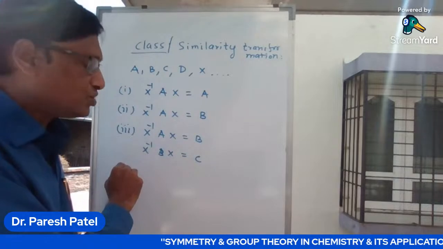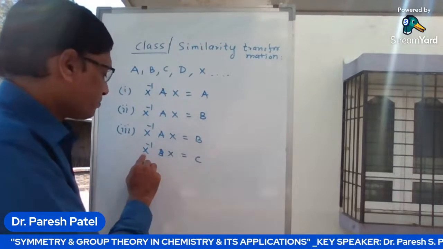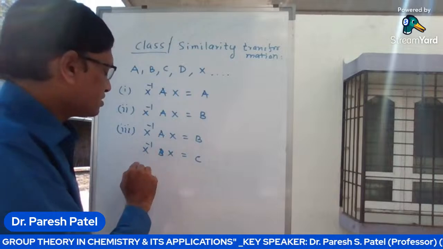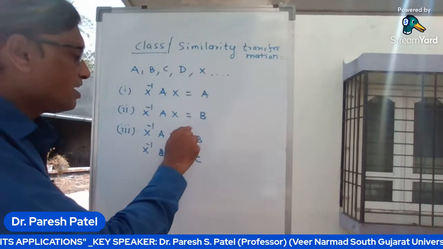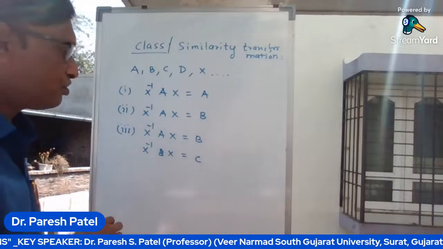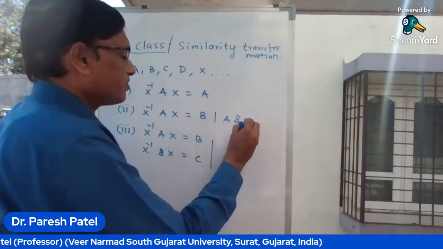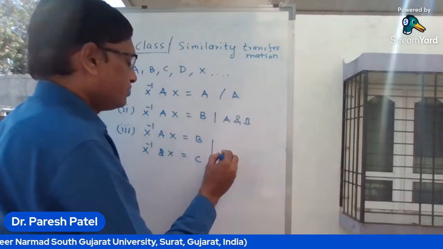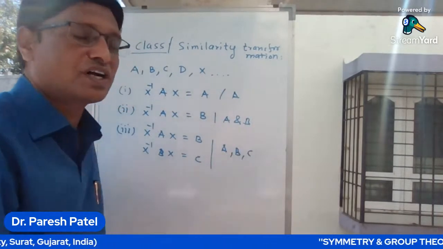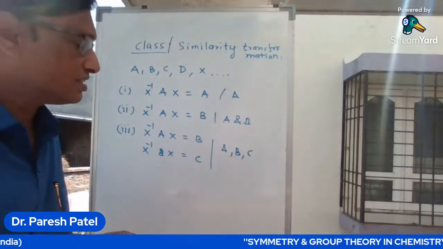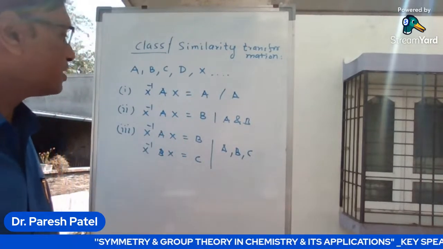And the third conjugate property is X inverse A X is equal to B and X inverse B X is equal to C. It means A, B, C are conjugate to one another to form a combined class. Okay, so these are the three conjugate properties.